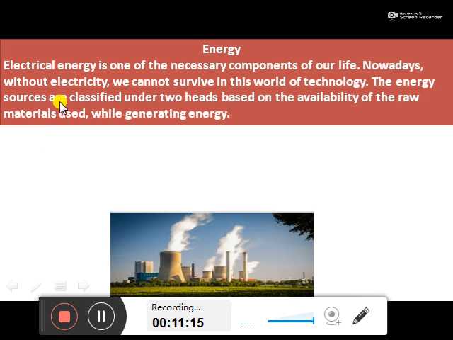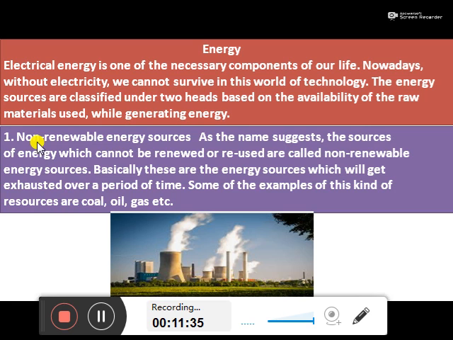The energy sources are classified under two heads based on the availability of the raw materials used while generating energy. One is the non-renewable energy sources. As the name suggests, sources of energy which cannot be revived or reused are called non-renewable.